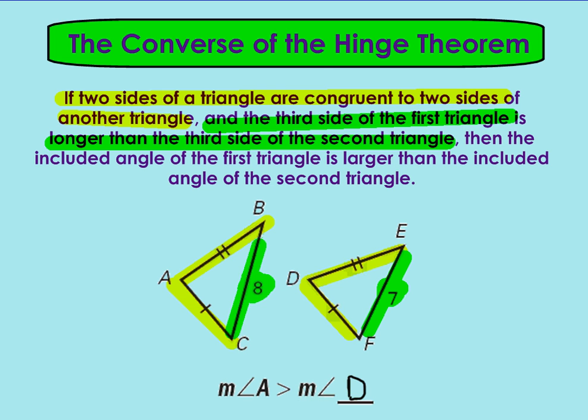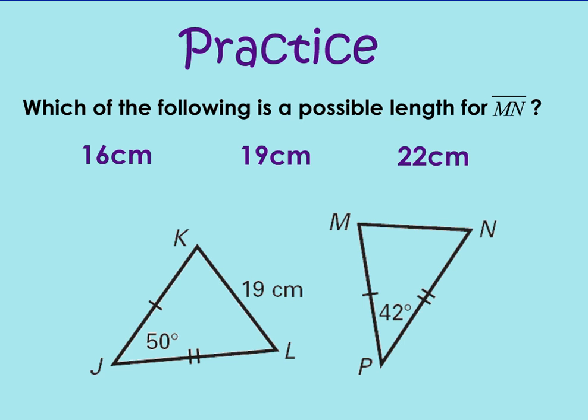All of this is important because it helps us determine and compare which segments might be longer or which angles might be larger. So here's a practice problem, and it simply states which of the following is a possible length for MN. Looking at this, we should notice that we have two sides of this triangle that are congruent to two sides of the second triangle.